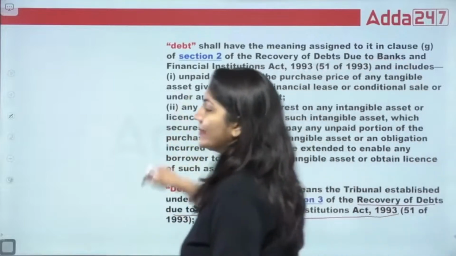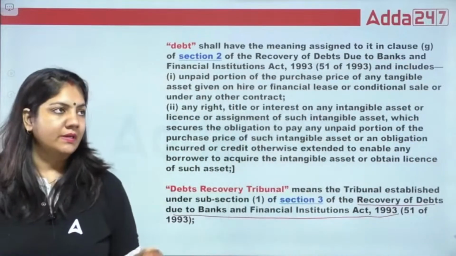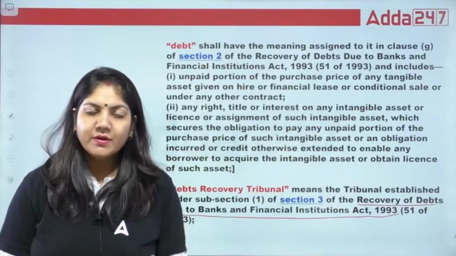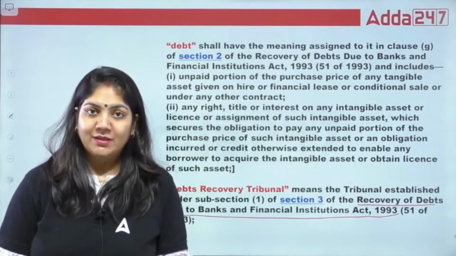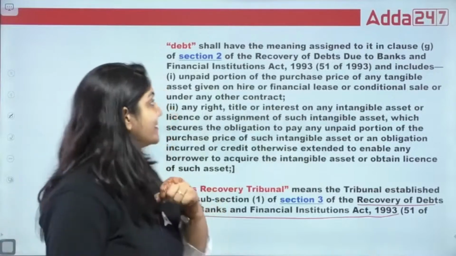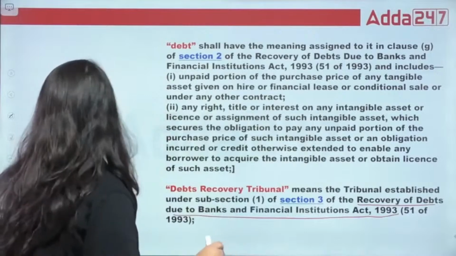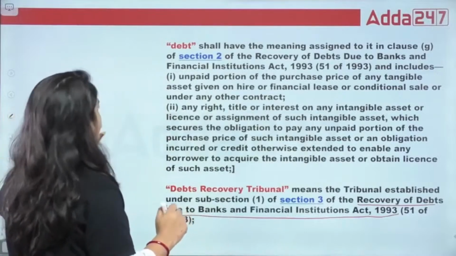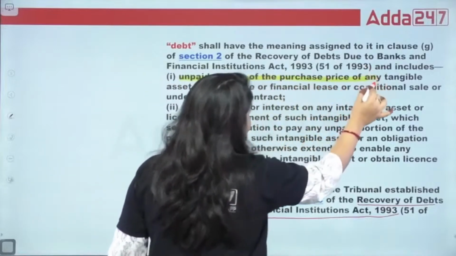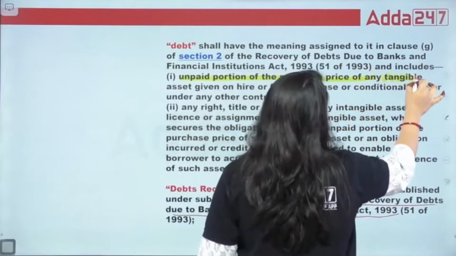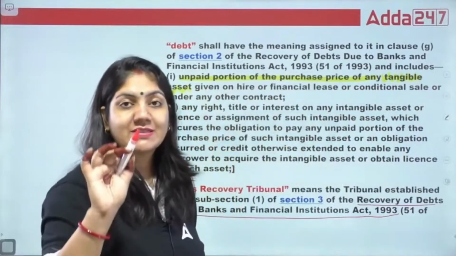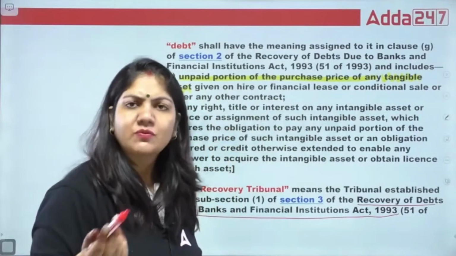Now, what is debt? Suppose a borrower takes 20 lakh rupees, and if the borrower is not able to pay the money, we can say that the borrower becomes a debtor. Right? So what is debt, Clause C? Debt means unpaid portion of purchase price of any tangible asset. What is a tangible asset? The asset which we can see, which we can touch. That is a movable one.